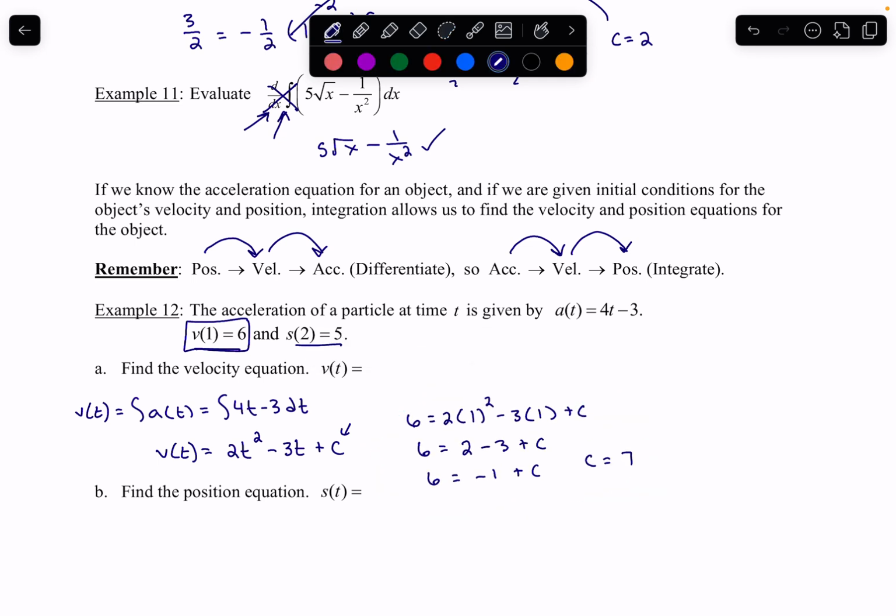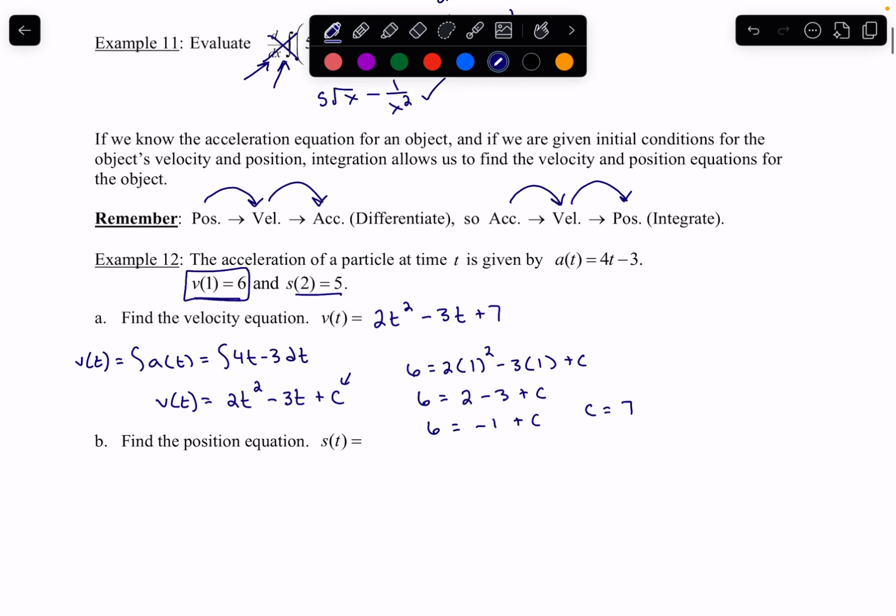So now my velocity function is 2t squared minus 3t plus 7. Now, if I want to integrate my velocity, I end up with position. So s of t equals the integral of v of t. So I need to integrate 2t squared minus 3t plus 7 with respect to t.